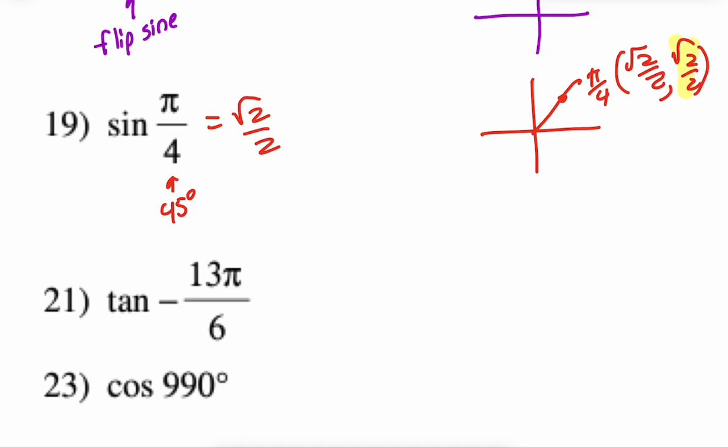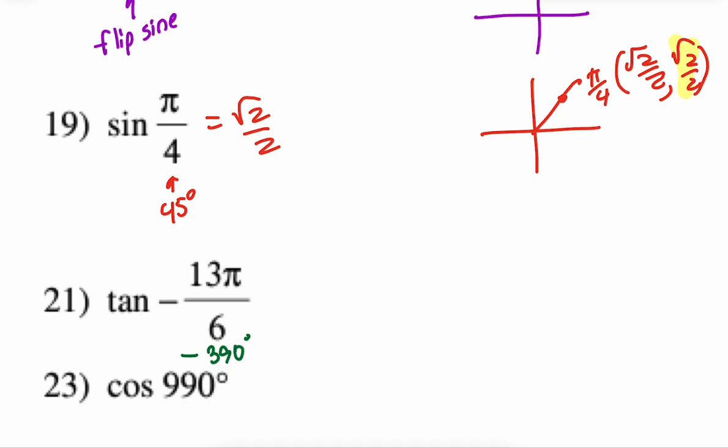Let's do 21. Now, pi over 6 should tell us that it is related to 30. And this is negative 13 times 30, or negative 390. That is nothing good to help me.